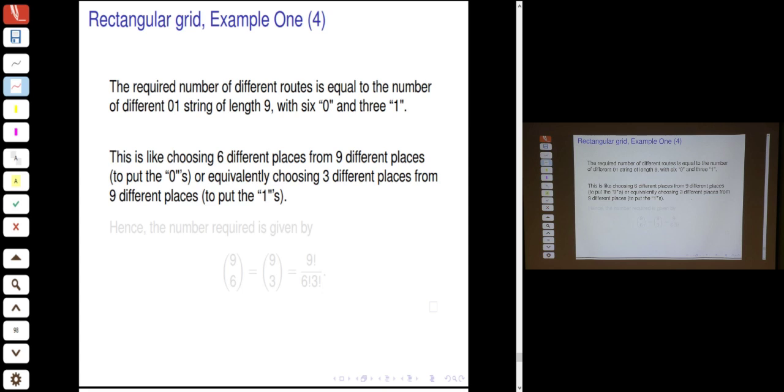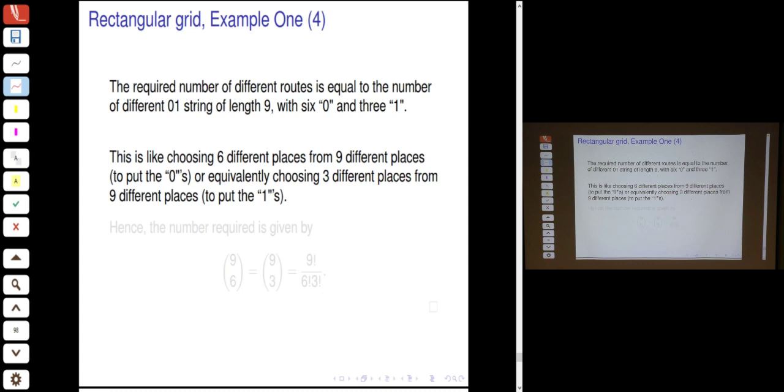Because if you fix the 6 positions, the other 3 positions automatically go to 1, so you have no choice, right? So counting the number of strings is like choosing 6 different places out of 9.